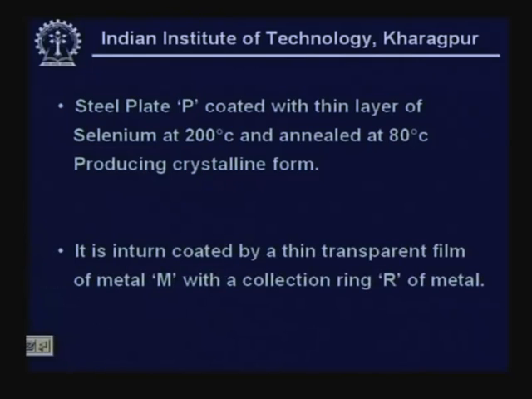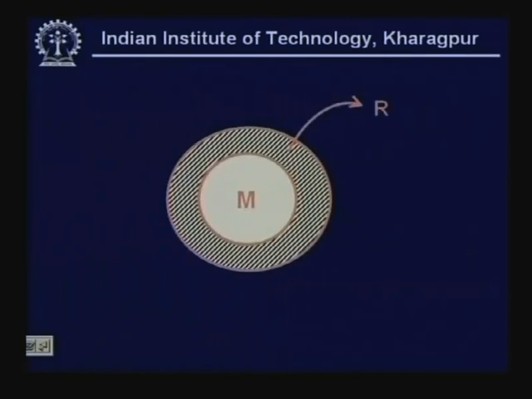Then in turn we coat it with a thin film of metal, and there is a collection ring of metal. See, the first coating M is transparent, whereas the outer ring is not transparent. So, this is how it looks. One could see the top view. The R is opaque, whereas M is transparent.